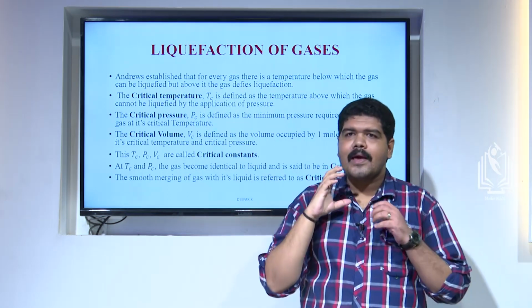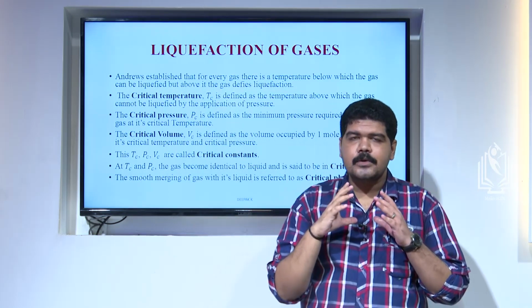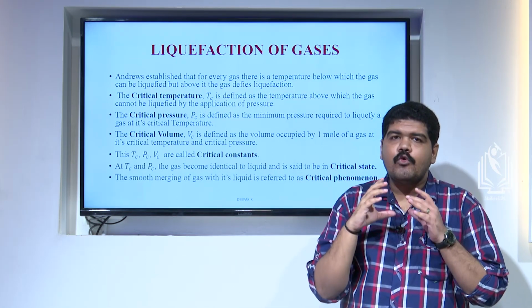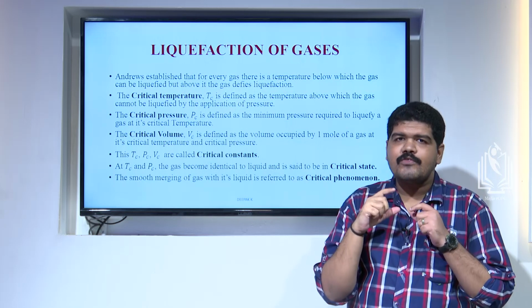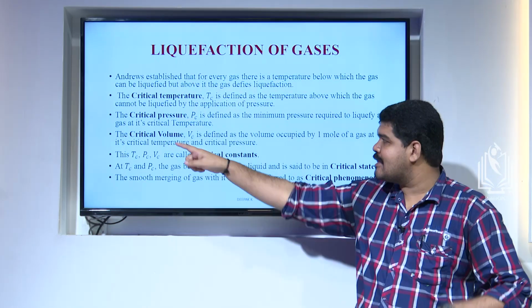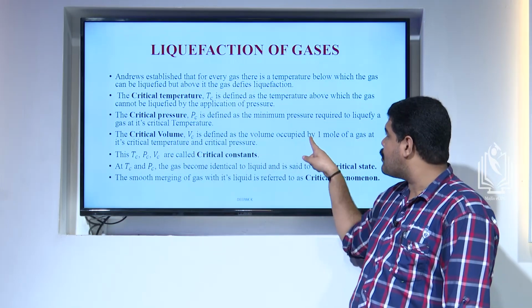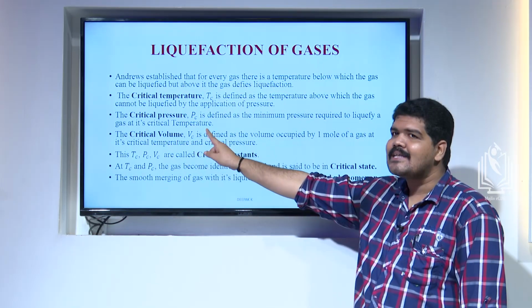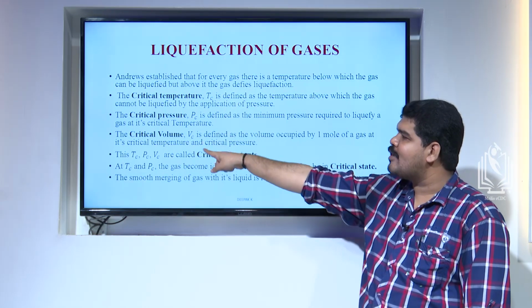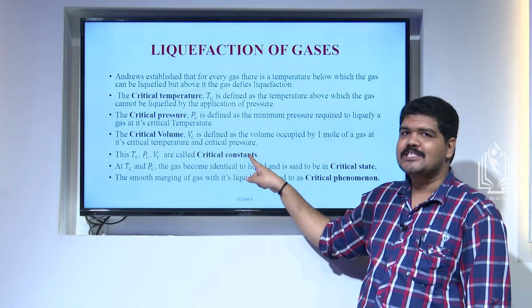When you apply this critical temperature and critical pressure, the gas molecules will start to liquefy, and the volume occupied by 1 mole of that gas is termed the critical volume, Vc. It is defined as the volume occupied by 1 mole of a gas at its critical temperature and critical pressure, and these three quantities are known as critical constants.